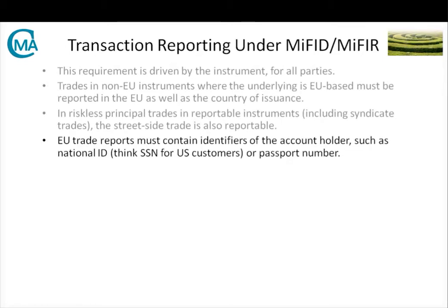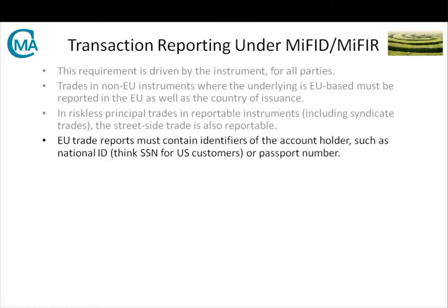And one of the things that's caused a certain amount of consternation is that trade reports have to have identification of the account holder. For a U.S. customer, that would be Social Security number or tax ID. For other jurisdictions, it might be things like passport number.